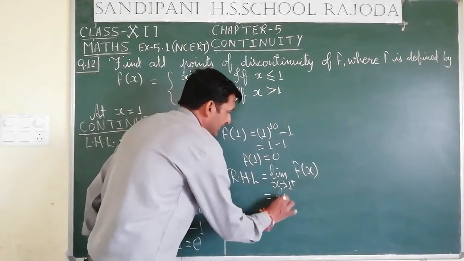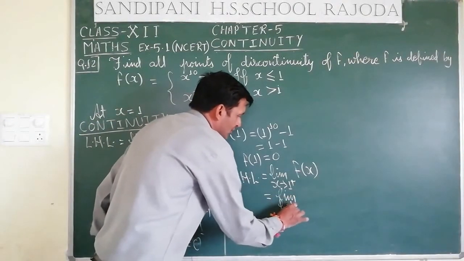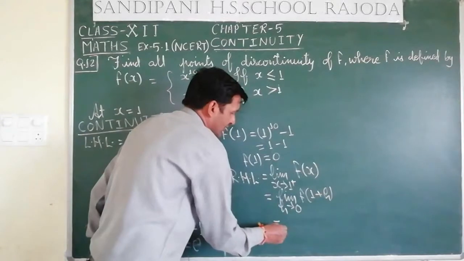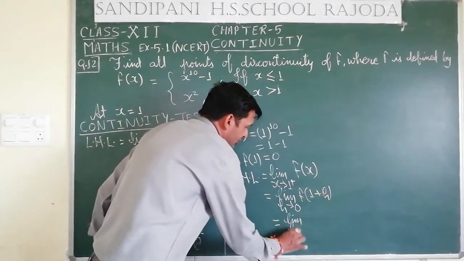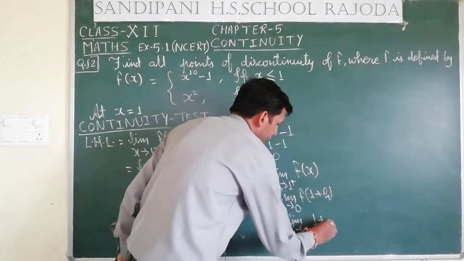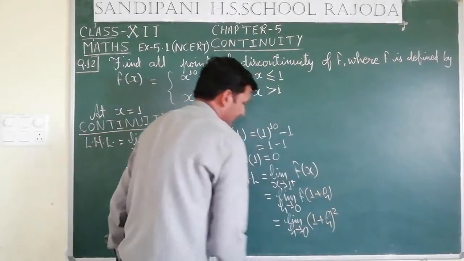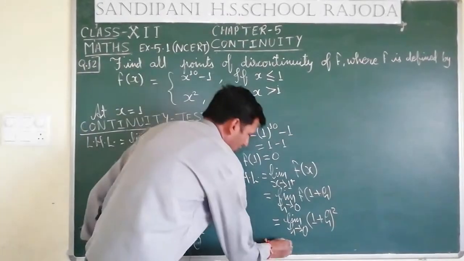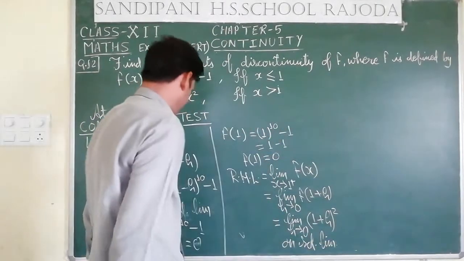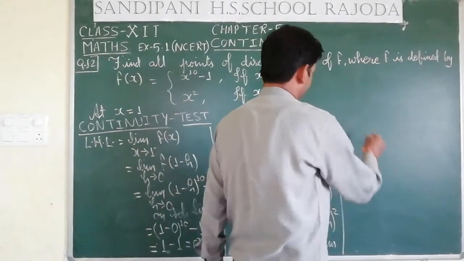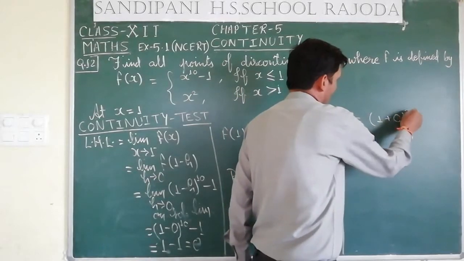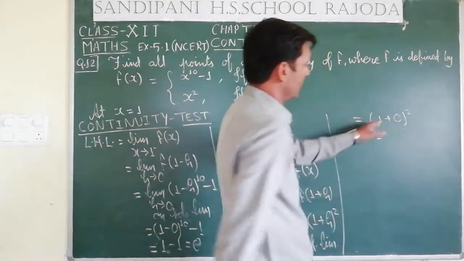It will be limit h tends to 0 f of 1 plus h, it is equal to limit h tends to 0, 1 plus h whole square. This is only applicable. So on solving the limit, this will become 1 plus 0 whole square, or we can say 1 because square of 1 is 1.